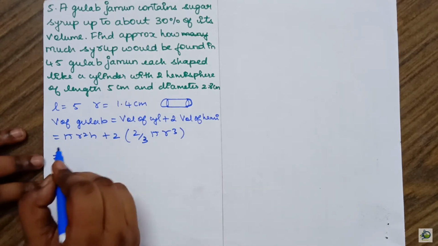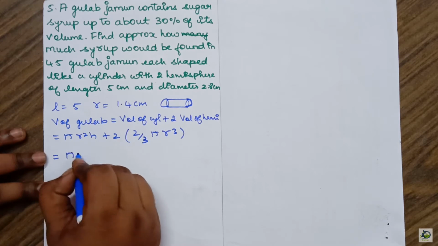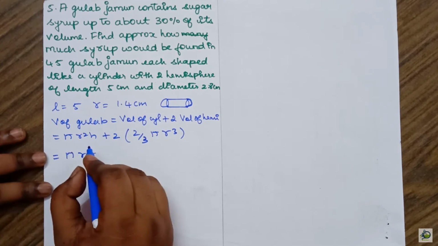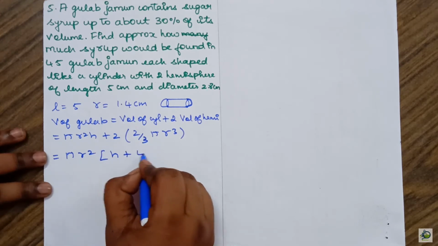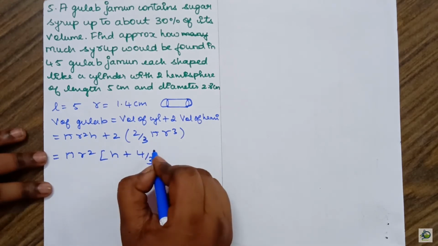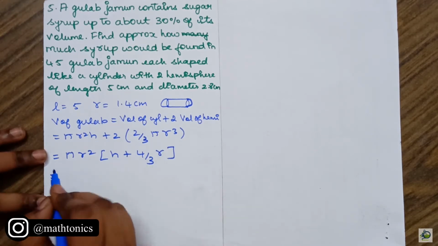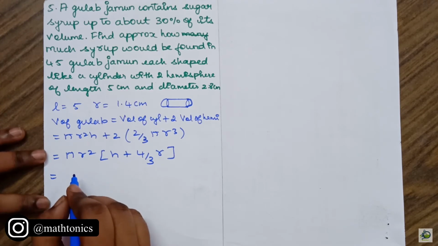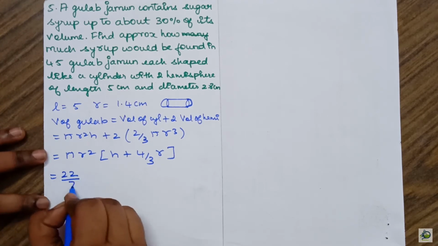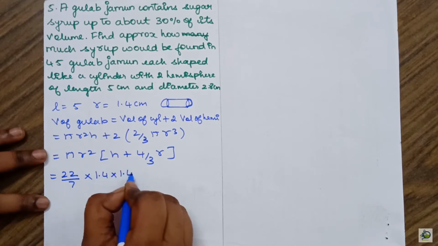So now what we are going to do is take common pi r square outside. So we are left out with h plus 4 by 3 r. So let's substitute. Instead of pi, I can substitute 22 by 7, and instead of r squared, 1.4 into 1.4.